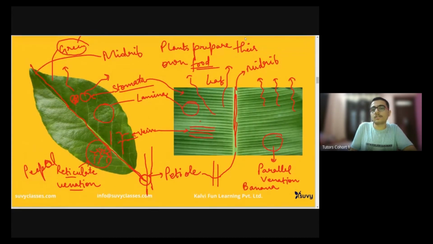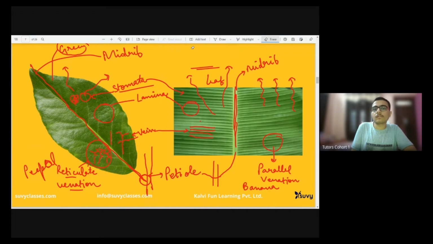I'll just write it in detail. Photosynthesis is due to two major things: sunlight. Photosynthesis always occurs in the daytime, not in the nighttime.